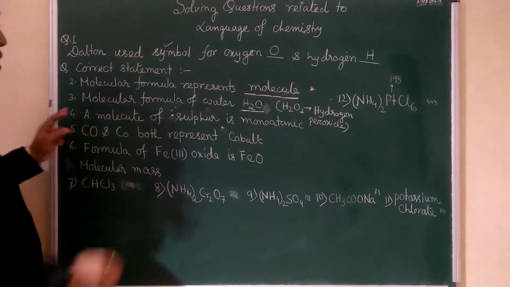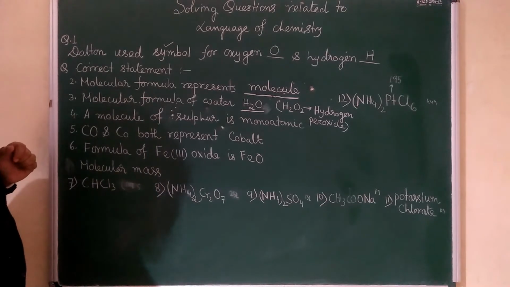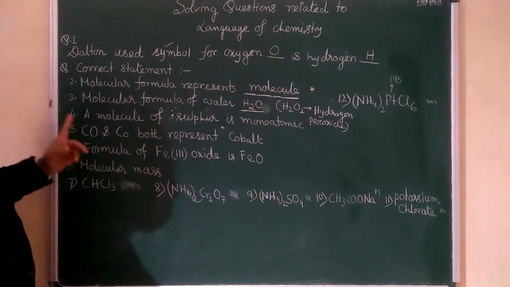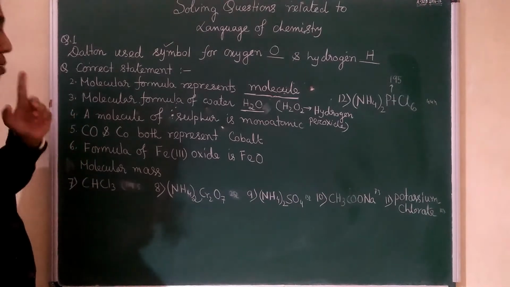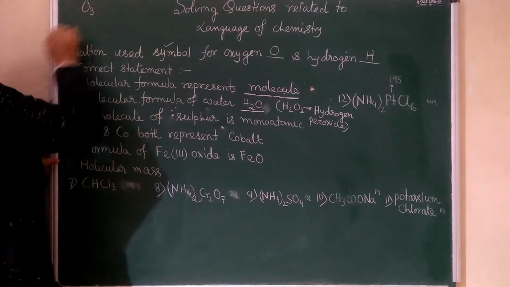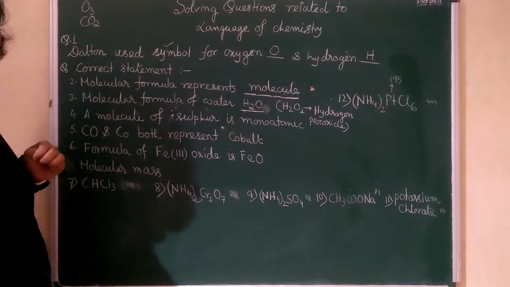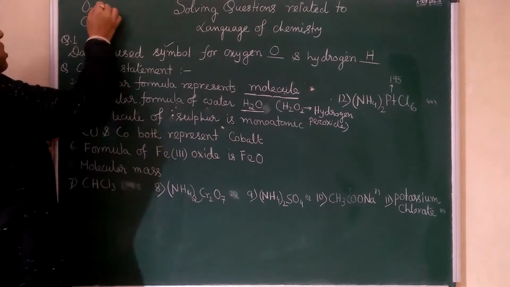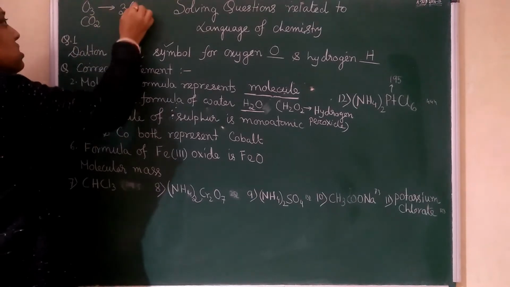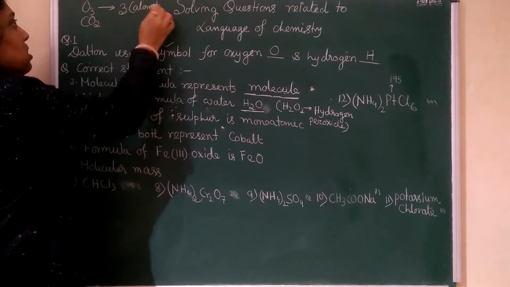A molecule of sulphur is monoatomic. We have studied atomicity. What is atomicity? The number of atoms present in a molecule. Suppose O3 is a molecule, CO2 is a molecule. So what is the total number of atoms? In O3 the total number of atoms is 3, so 3 is its atomicity.